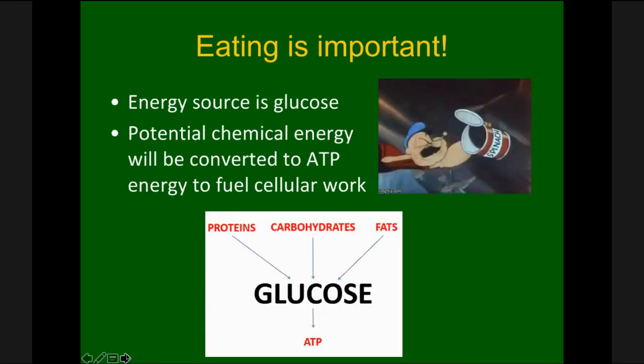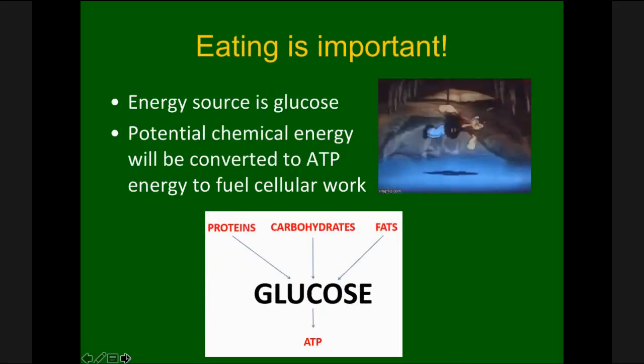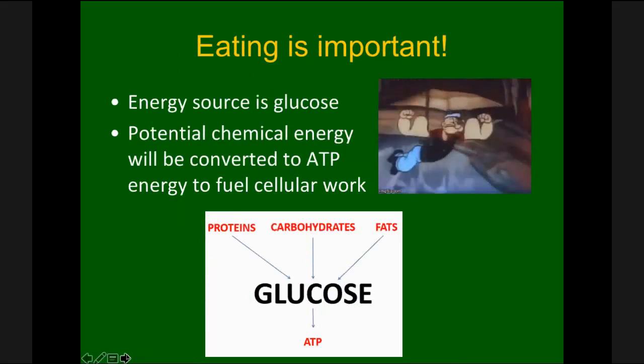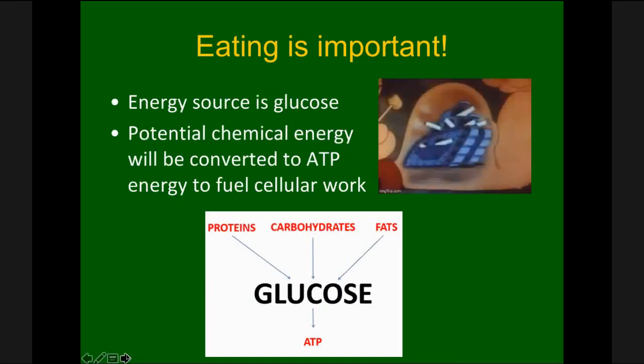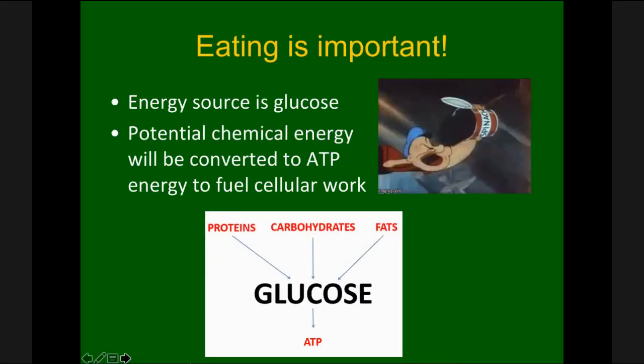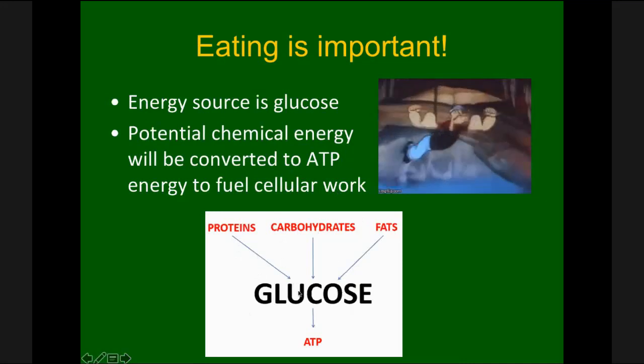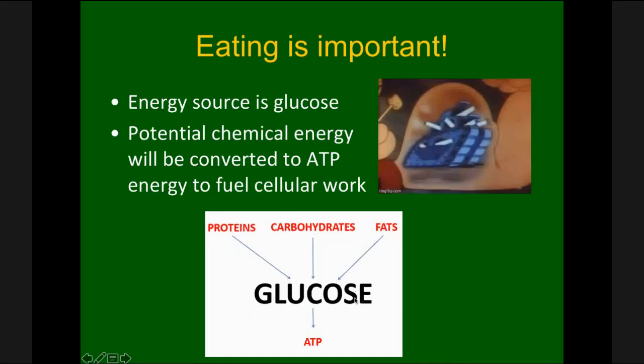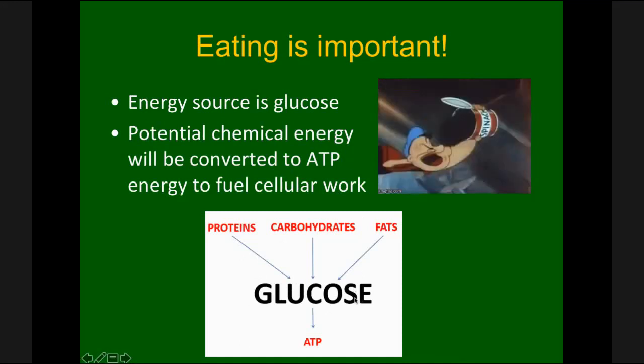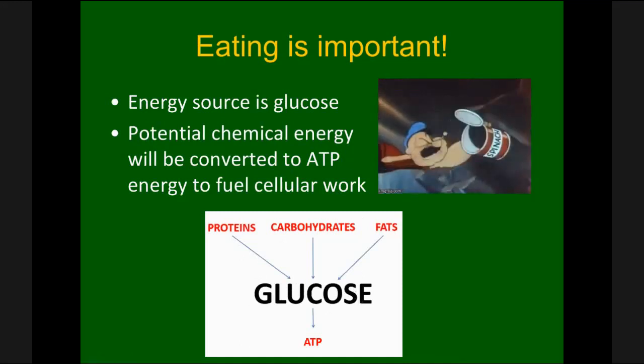Eating is also important. If you don't eat, you die. Why? Because this is how you're getting monomers, the macromolecules that you're going to break down or convert to glucose. And glucose is fundamental. It is the sugar source that you're going to be using to run cellular respiration.